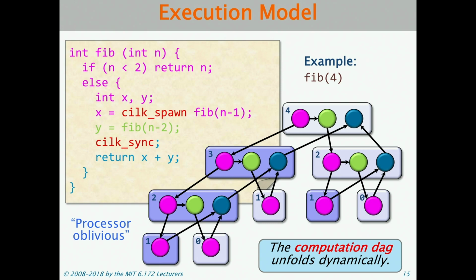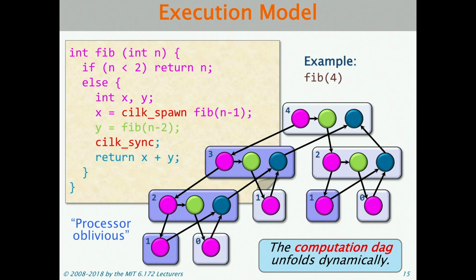So for example, I can run this on any number of processors. If I run it on 1 processor, it's just going to execute these tasks serially. In fact, it's going to execute them in a depth first order, which corresponds to what the sequential algorithm would do. So I'm going to start with fib of 4, go to fib of 3, fib of 2, fib of 1, I'm going to pop back up, and then do fib of 0 and go back up, and so on.